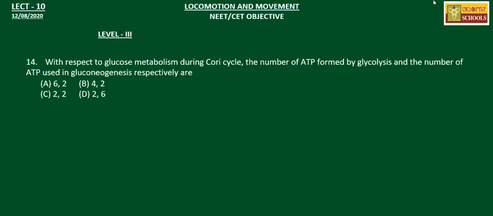The next question: with respect to glucose metabolism during the Cori cycle, the number of ATP formed by glycolysis and also the number of ATP used in gluconeogenesis, respectively, are. For this we need to see about the Cori cycle.